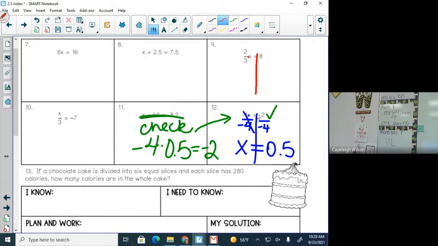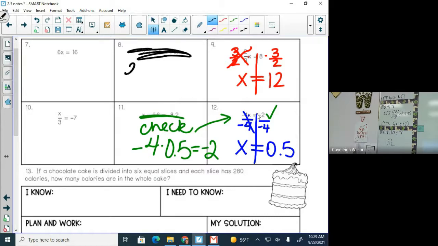So you could kind of shortcut this and multiply both sides by the flip. So instead of multiplying by 2/3, I'm going to multiply it by 3/2. And what that's going to do is it's going to cancel out the 2/3, because look, these 3's cancel out. It's the same number. And these 2's cancel out. They're reciprocals of each other. So they cancel out, so I get x equals, and then you can use your calculator. 8 times 3/2 is 12. So that's one way you can do it.